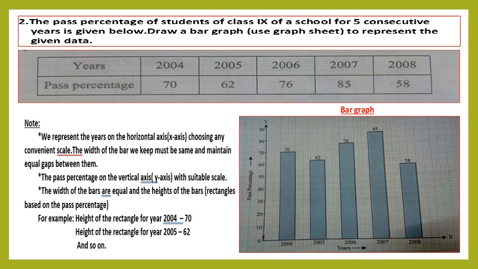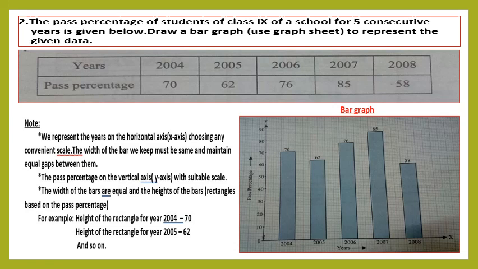Choosing any convenient scale, the width of the bar we keep must be same and maintain equal gaps between them. That is, the years we are taking on x-axis with equal width. In between them, there should be equal gaps to be maintained.